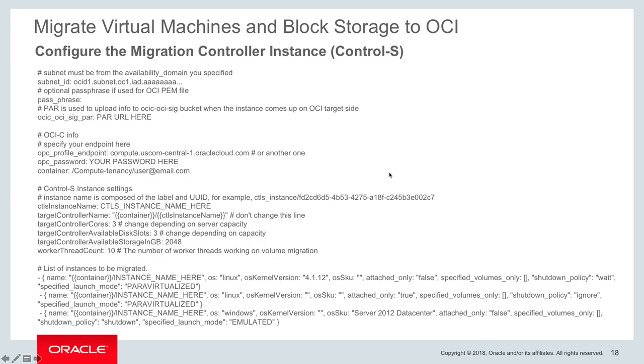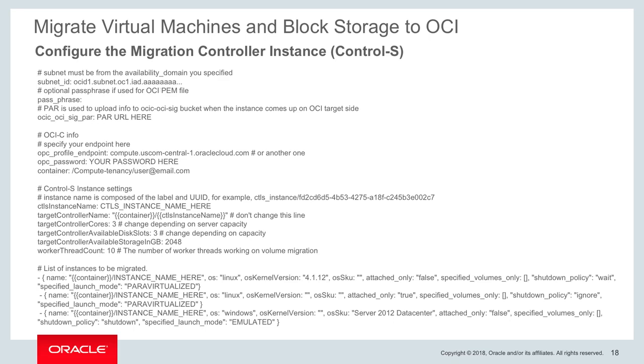The same file is shown in this slide as well, and this is basically a continuation. We also have to specify the subnet ID, and this is where the Control T environment is going to be attached.